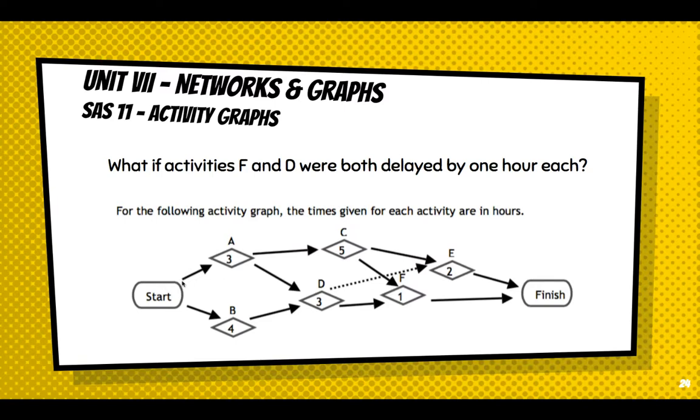Here's what I'm talking about. 3 plus 5 is 8. Delay F an hour, that's 9, plus 1 for F, and that's 10. Same thing here. 4, plus 3, we delay it by an hour, so it's 5, plus 3 is 8. Delay F by an hour, that's 9, plus 1 is 10. So either way, we still do not postpone the minimum time of completion that originally started of 10 hours.